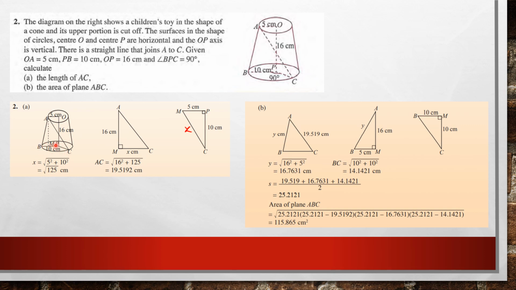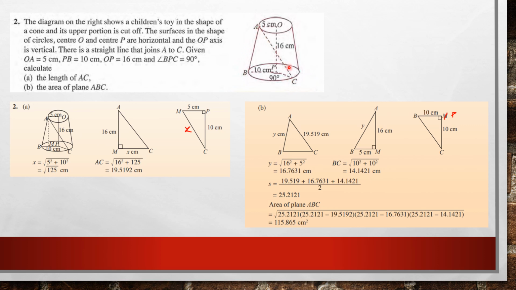PC is 10, and 10 squared and 10 squared. This is not M, we can label it as P. So you get 10 squared plus 10 squared, so 14.1421. Now by using Heron's formula, you can find the triangle ABC.